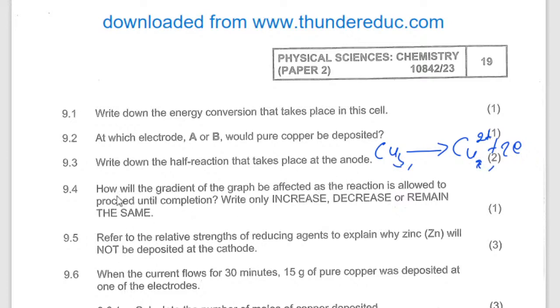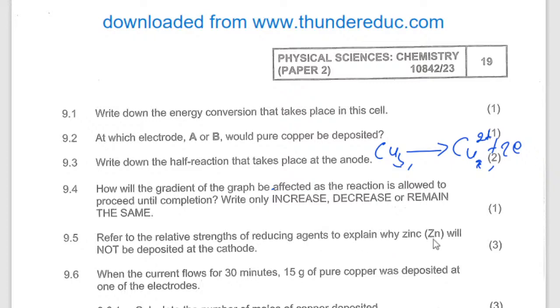And then I'm saying, will the gradient of the graph be affected as the reaction is allowed to proceed until completion? No, it will not. It will remain the same. Why? Because the copper will keep on being deposited. Yes. Refer to the relative strength of reducing agent.